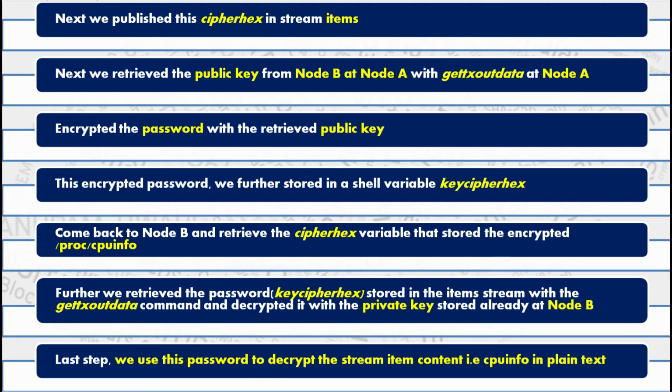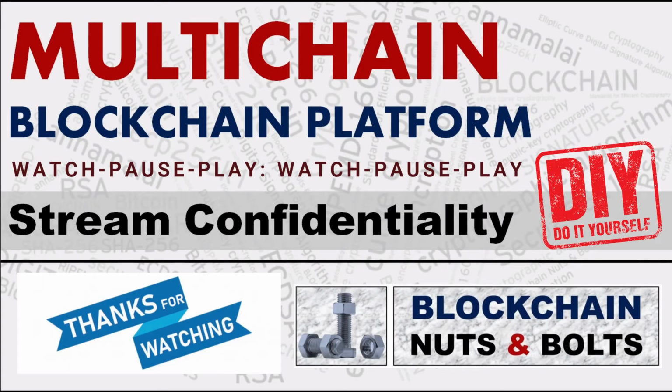And finally, with this private key, we decrypted the password to decrypt the stream item content, that is the CPU info file.